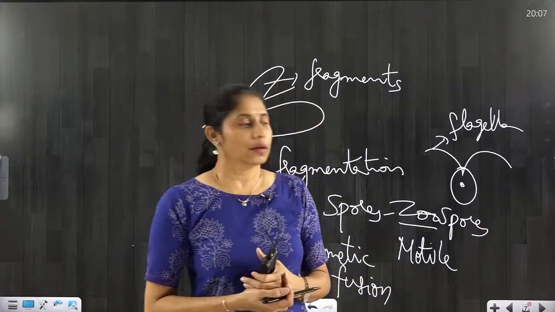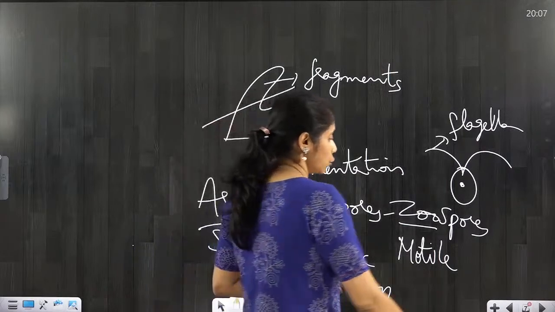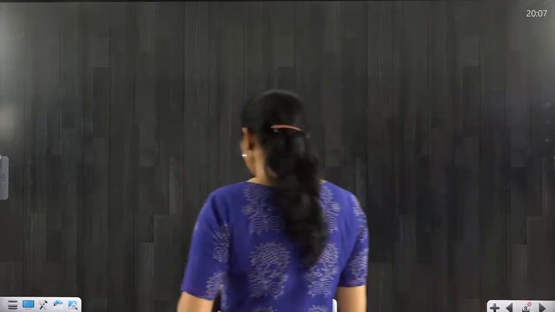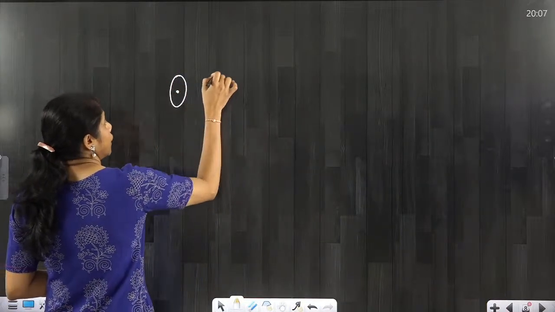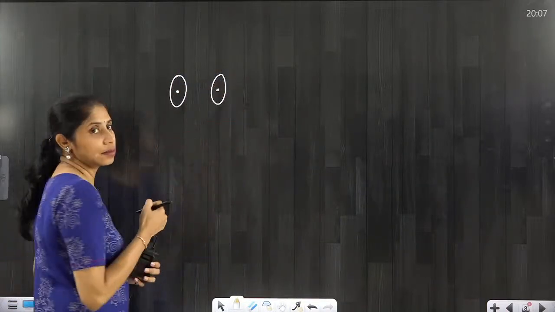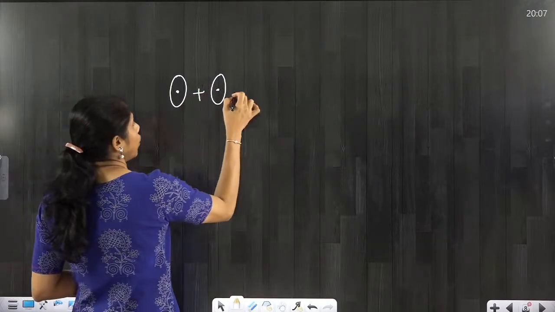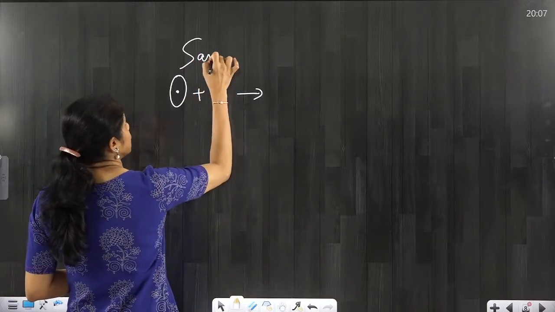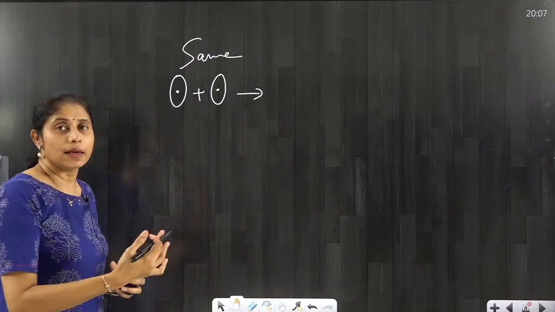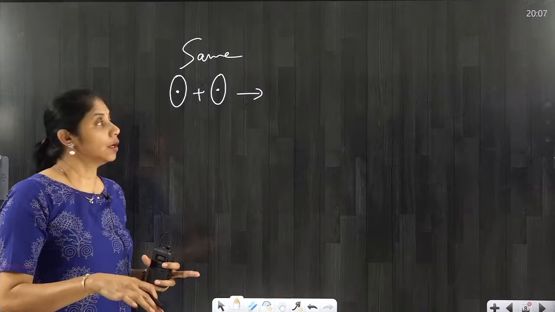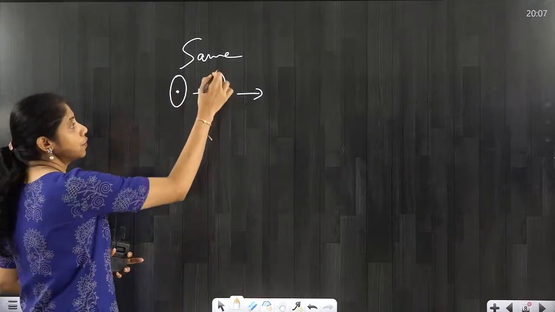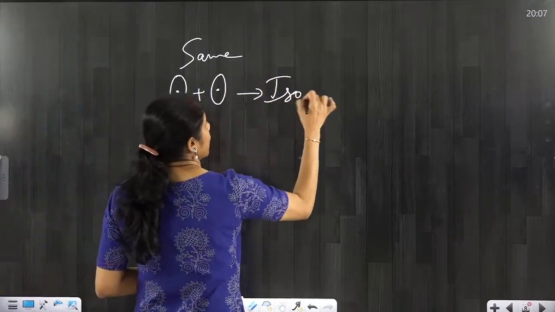But again, based on the gametic fusion, I will show you some pictures. You have to tell me whether these are the same or not. I have taken two gametes like this. You can make out these two are almost the same type of gametes. Size is the same, structure is the same, and no motile structures are there. Both are the same. So fusion of similar gametes is called isogamy.